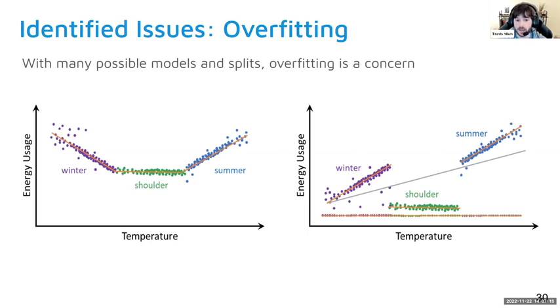But how do we tell the computer that we don't actually want it to split up the weekend and the weekdays, which are all mixed together, because this building doesn't have much of a difference? How do we tell it that it should actually connect winter and shoulder as well as shoulder and summer?